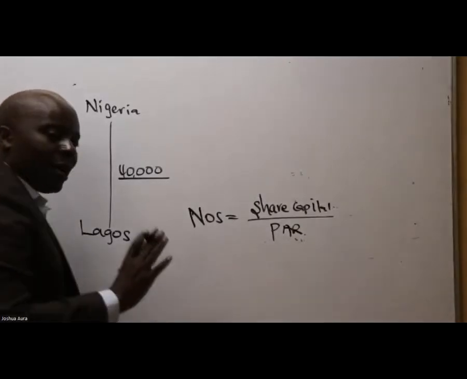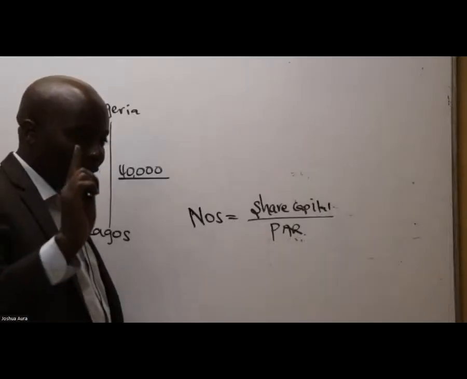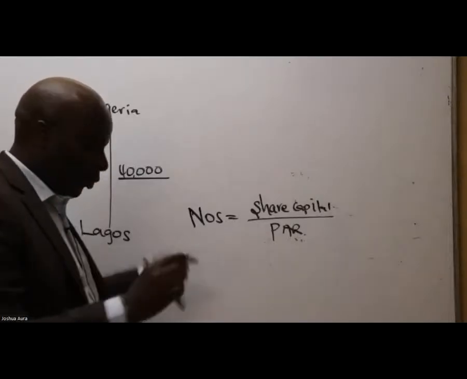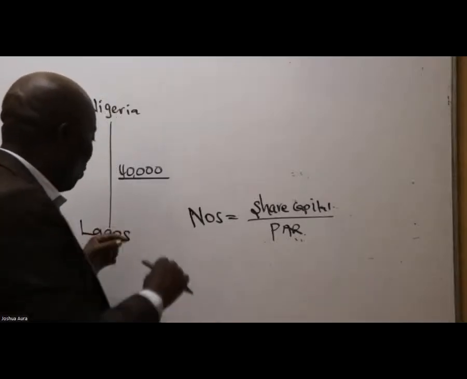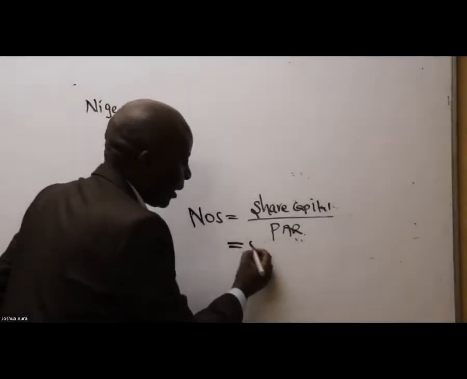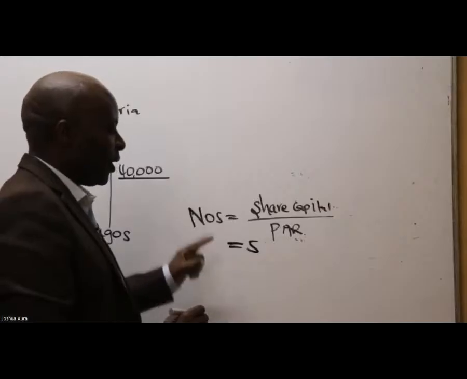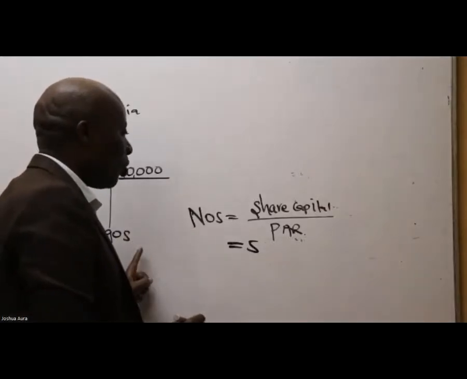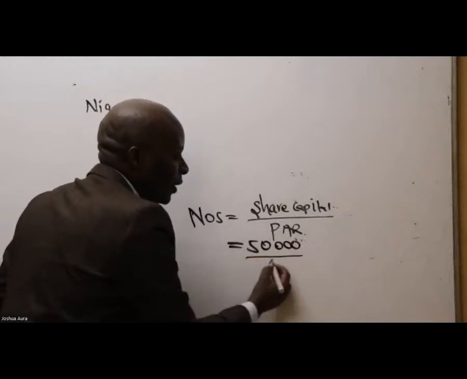Remember, I'm interested in getting the number of ordinary shares of the subsidiary, not the parent. We bought 40,000 shares. How many shares does it have in total? The share capital of this company BBGH is 50,000, and the par value is 1.